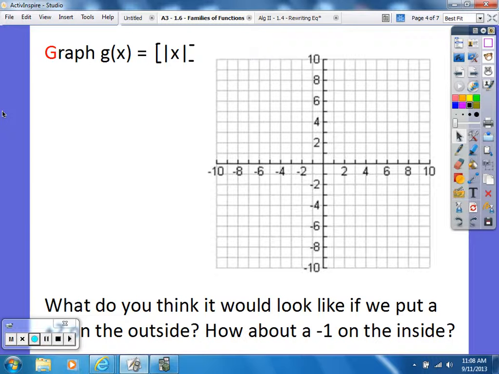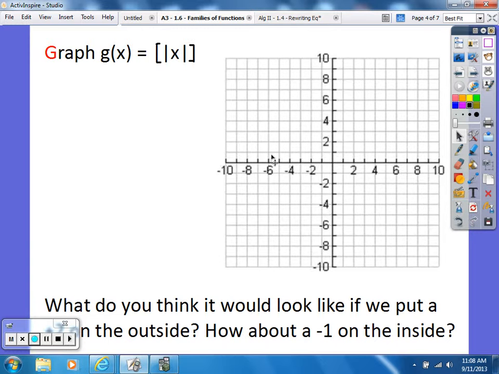You can probably do one from -5 to 5. And if you take a look at my lovely picture here, it needs the symbols.